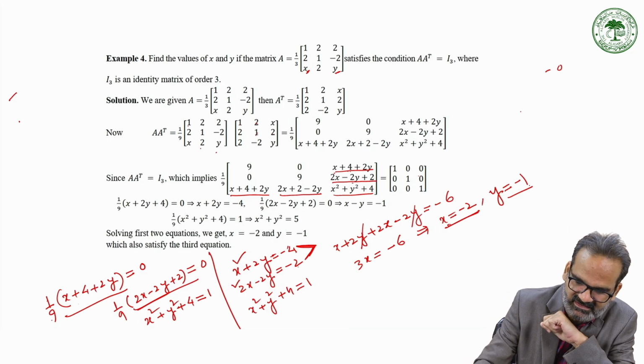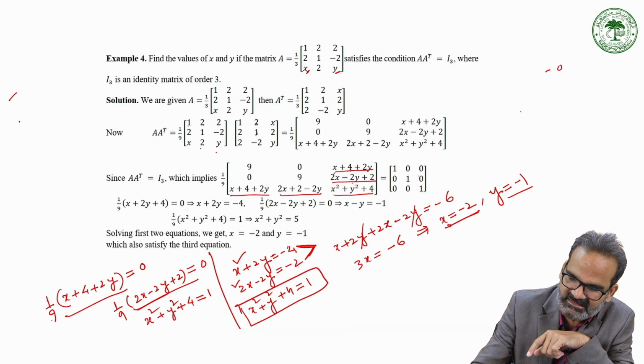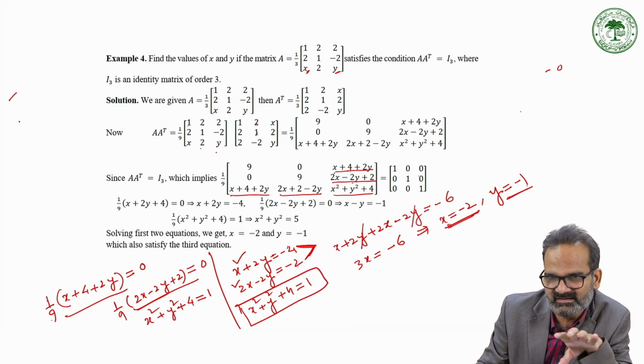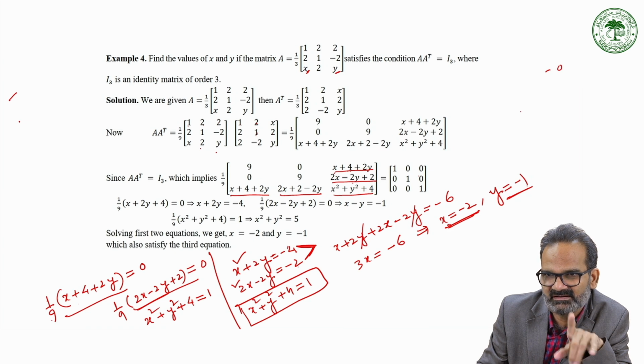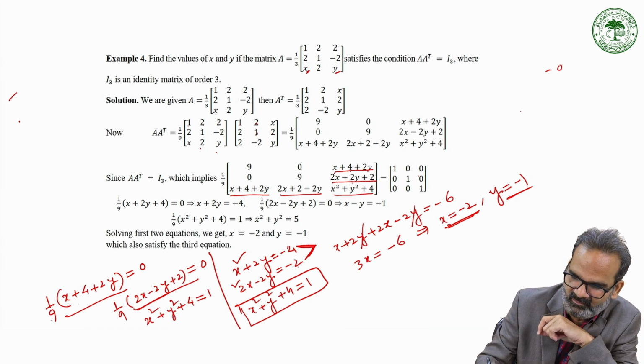But here we have three equations. So what about the third equation? If x equal to minus 2, y equal to minus 1 is the solution of these three equations, then it must also satisfy equation number 3.